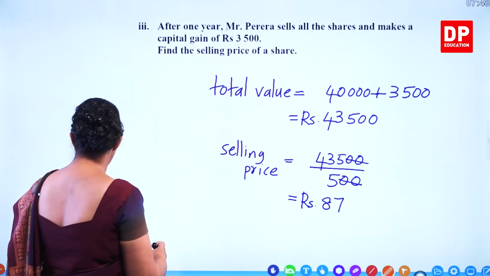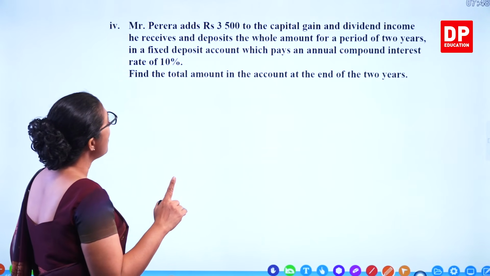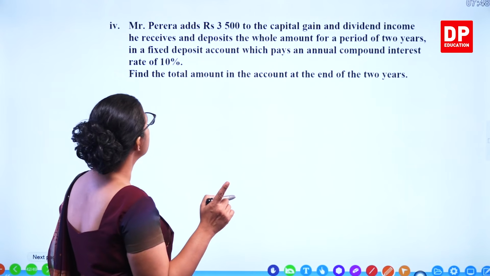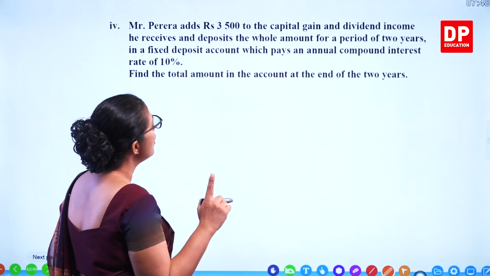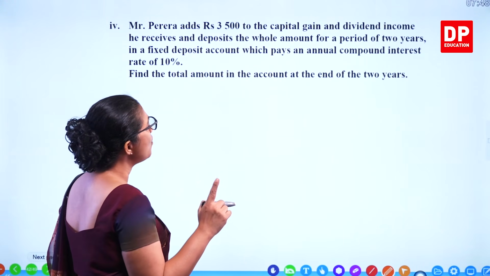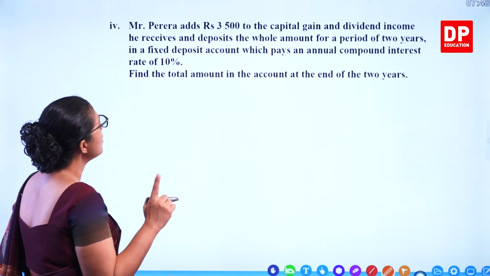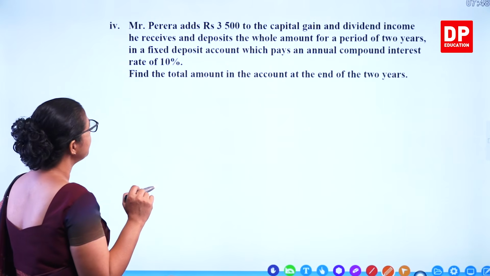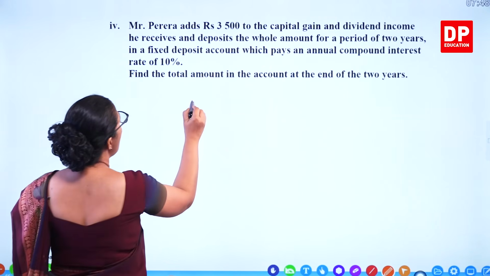Now we'll take a look at the next part. Mr. Perera adds 3,500 to the capital gain and dividend income he receives and deposits the whole amount for a period of 2 years in a fixed deposit account which pays an annual compound interest rate of 10%. Find the total amount in the account at the end of the 2 years. So what's the total amount?